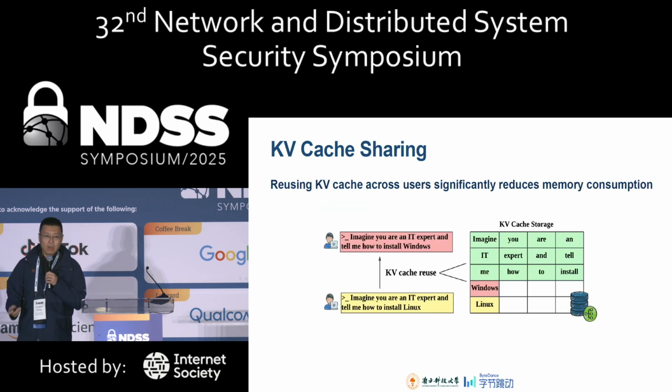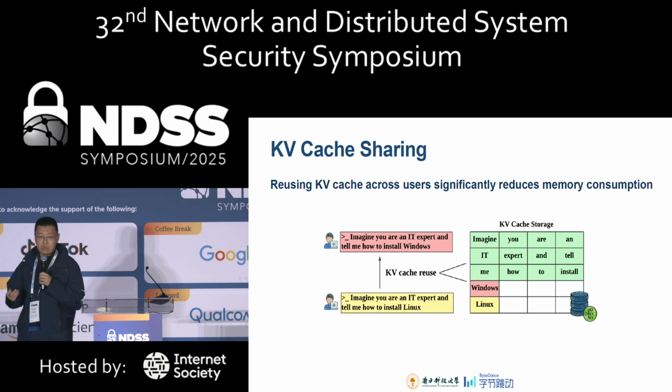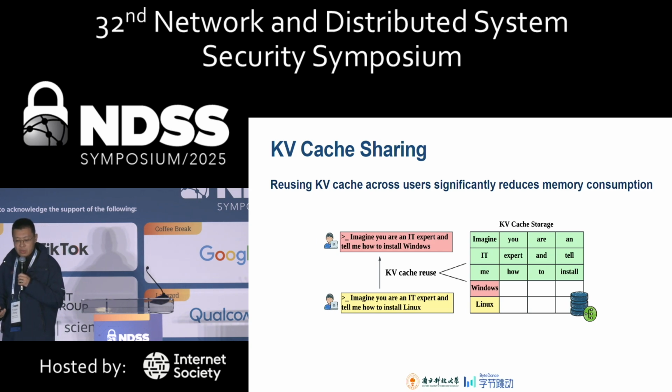A very common solution to this problem is to share the KV cache across different requests and across different users. The idea is that if two users have requests that are similar enough, like in this example, they both say "imagine you are an IT expert and tell me how to install", and the only difference is the operating system, Windows or Linux, then the common part can be stored in a common KV cache.